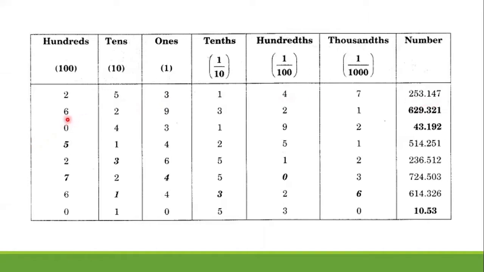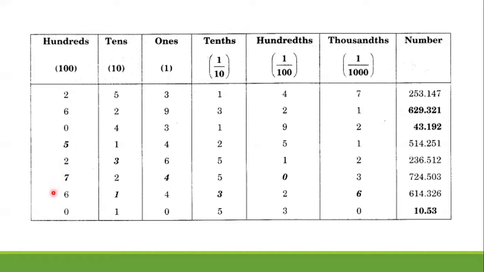Similarly, 6 hundreds, 2 tens, 9 ones, 3 tenths, 2 hundredths and 1 thousandth make the number 629.321. Children, as I read these numbers, you also try the rest like this.